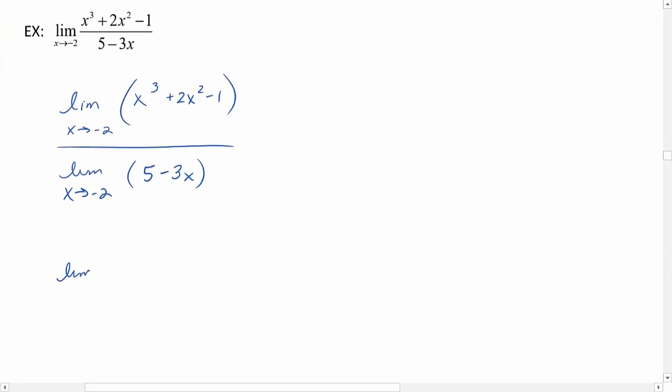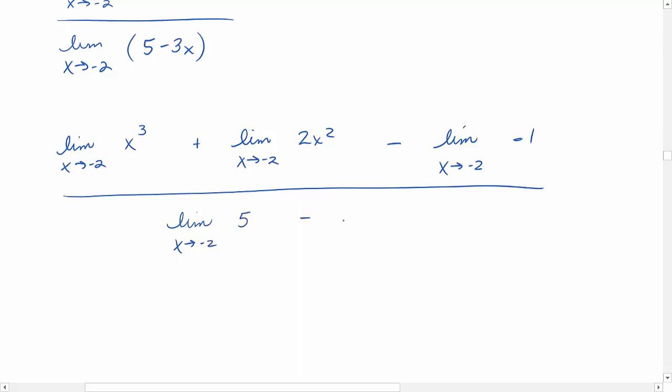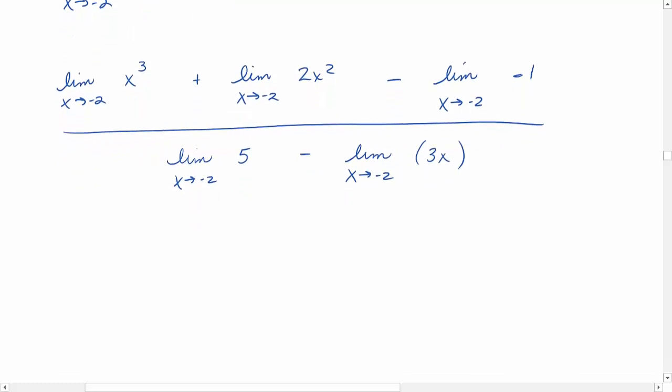Our numerator becomes the limit as x approaches -2 of x to the third plus the limit as x approaches -2 of 2x squared minus the limit as x approaches -2 of -1. And then we'll do a similar thing in the denominator, the limit as x approaches -2 of 5 minus the limit as x approaches -2 of 3x. We'll find the 5 individual limits and then put it all together.